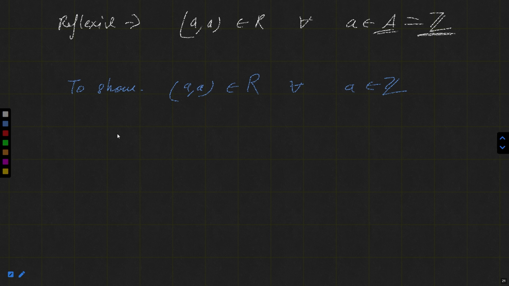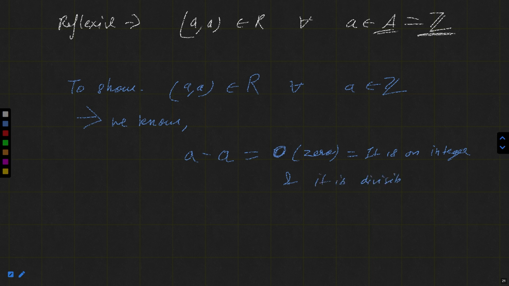We know that a minus a is equal to 0, and this 0 is an integer. This integer is divisible by 2, or in other words, 0 is equal to 2 times 0.